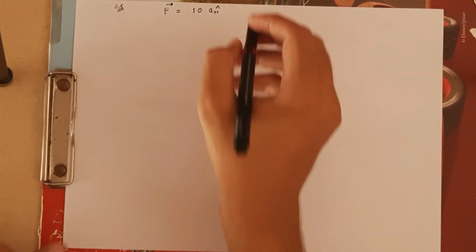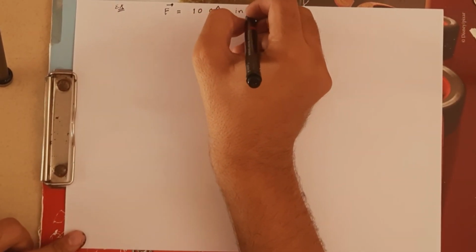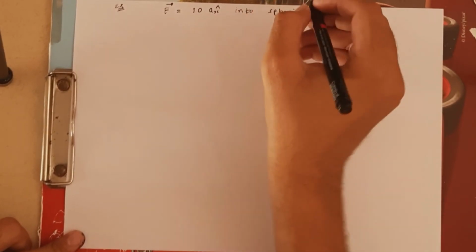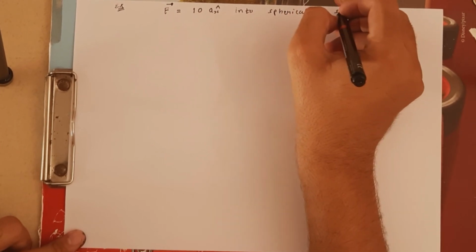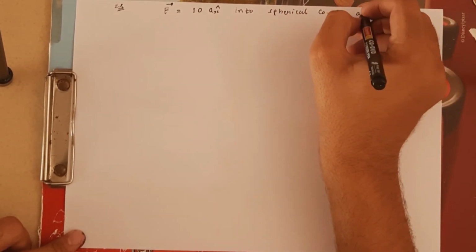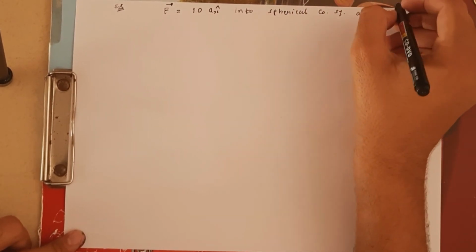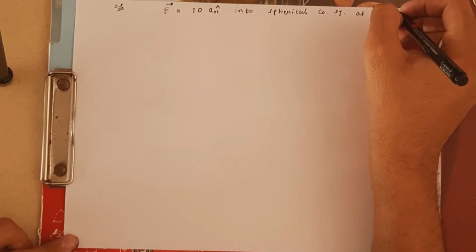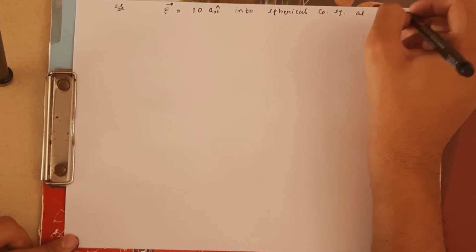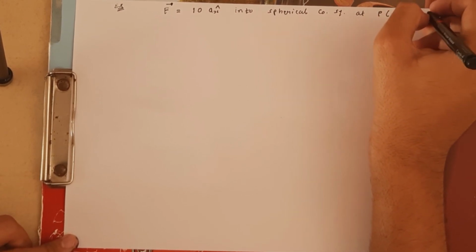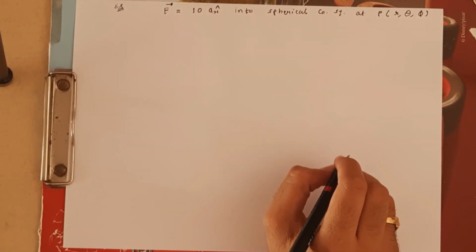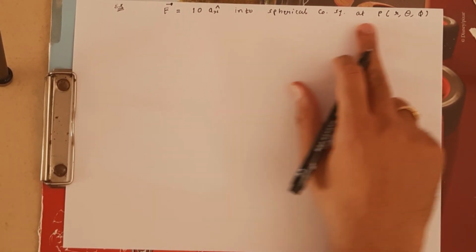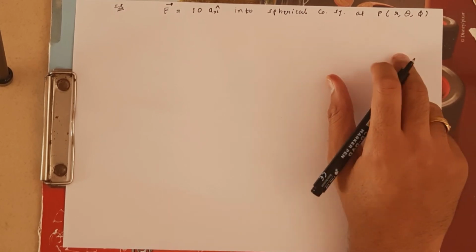Convert this vector into the spherical coordinate system at a point P of x, y and z, or R, theta and phi. So convert this vector into the spherical coordinate system at a point P of R, theta and phi.